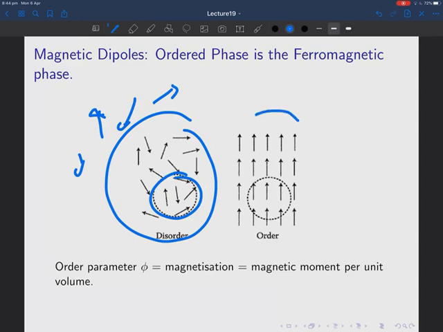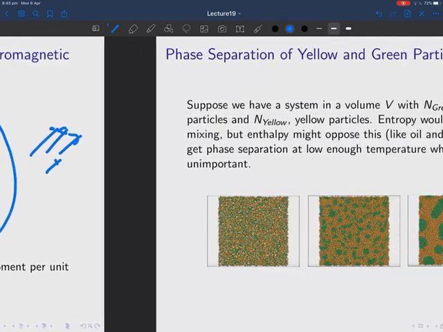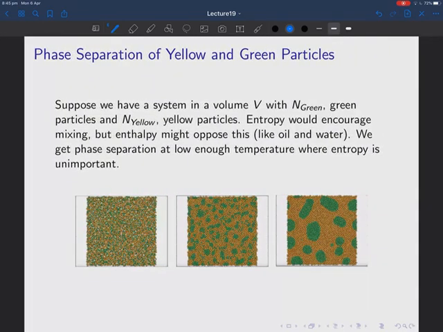If you cool it below the Curie temperature, they all start to line up in one direction. Although you get domains, so some of these other ones will line up over here in a different direction, but you'll get domains where it's all ordered. And the natural order parameter in that case is the magnetization, which is the magnetic moment per unit volume. So that's a typical case of an order parameter. It's the one you should probably think of in your mind when you're thinking of order parameters.